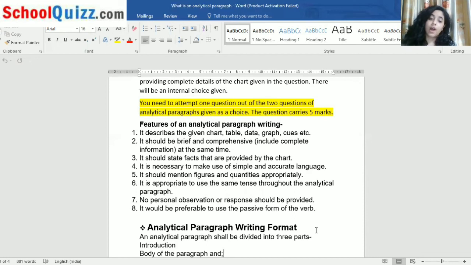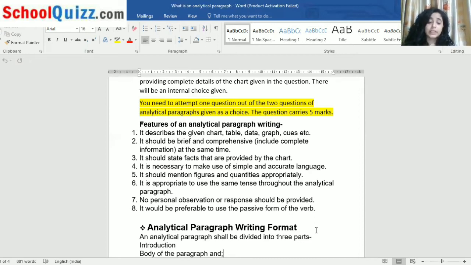Like that you have to write it down. Everything given in the chart should be written. Even if we have drawn a triangle or circle anywhere indicating something, we have to write that too. If we have given color, we have to write that too. If we have filled the graph, we have to write that too. So we have to write everything exactly as given in the chart.